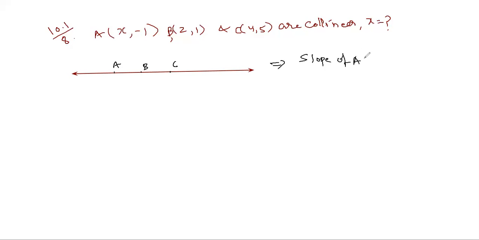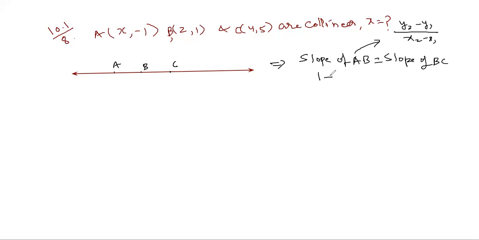The slope of AB is equal to the slope of BC. The slope formula you have to use here is y2 minus y1 upon x2 minus x1. So AB means x1, y1, x2, y2.